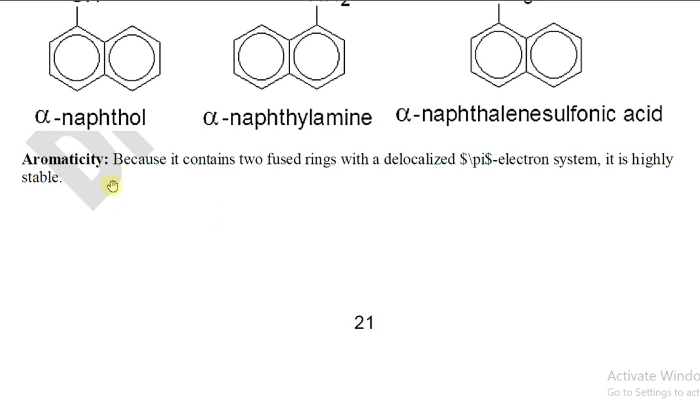The aromaticity is because it contains two fused rings with delocalized pi electrons. We have a mistake here: you have to delete this symbol for the dollars and slash. It is just a pi electron system.